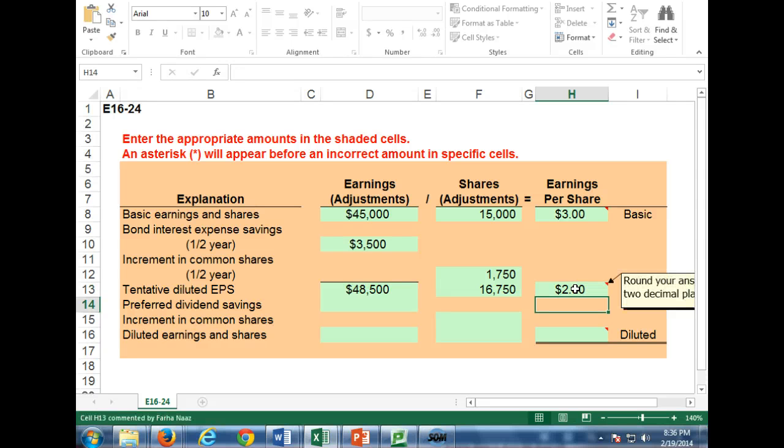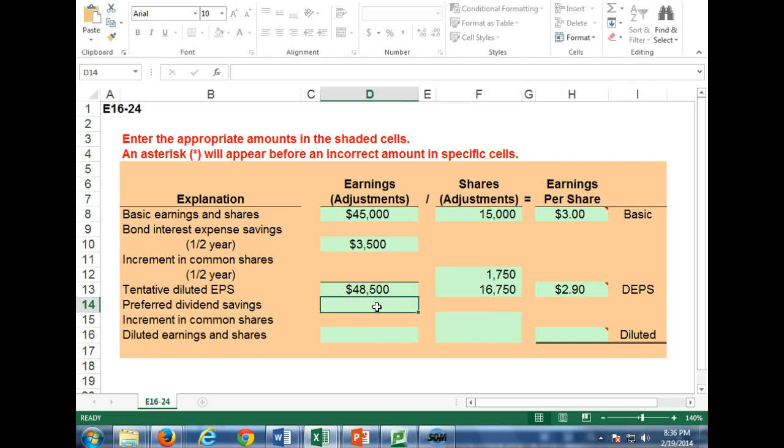Because guys, remember, we have to do this as a weighted average. Since it only came out over half the year, do you get what I'm saying? These shares only got put in for half the year, 6 months out of the year, whereas these 15,000 shares were in for the whole period.